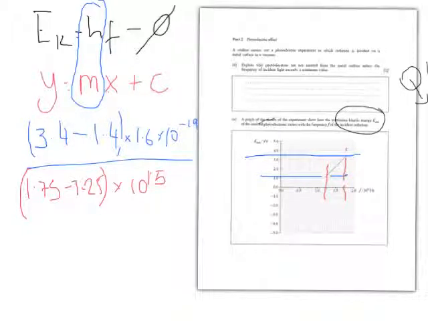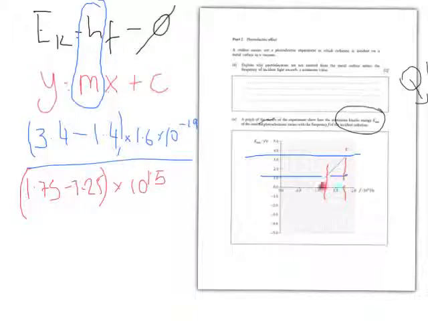So I've done a rough gradient here. You can see my read-offs on my y-axis, approximately 3.4 minus 1.4 here. You can do this on your paper much more accurately. But this is in eV, and Planck's constant must be in SI units. So you need to multiply this difference, 3.4 minus 1.4, by 1.6 times 10 to the minus 19 to get the energy in joules.